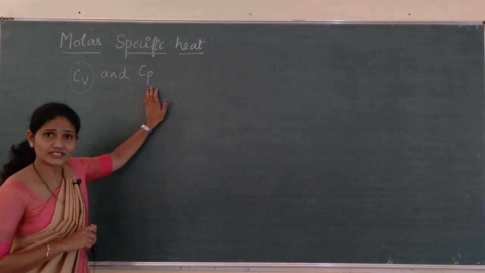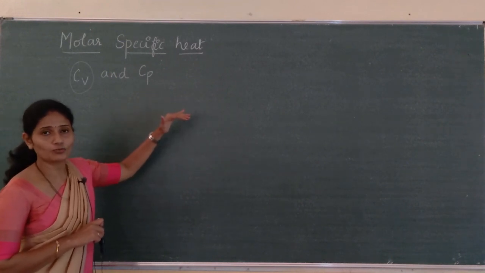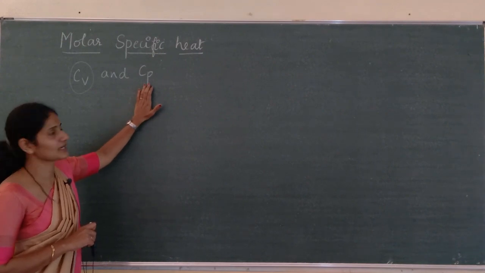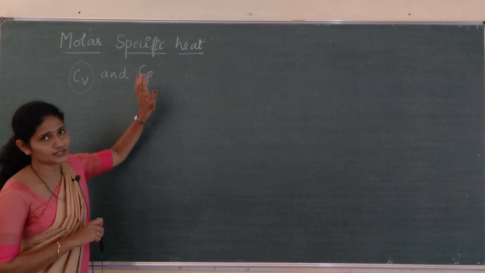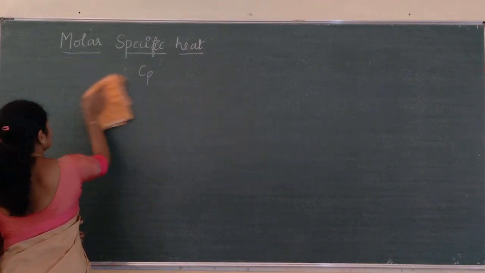If pressure in the system is fixed and the volume of the system changes, then we define that molar specific heat capacity as molar specific heat capacity at constant pressure. Let us see one example.